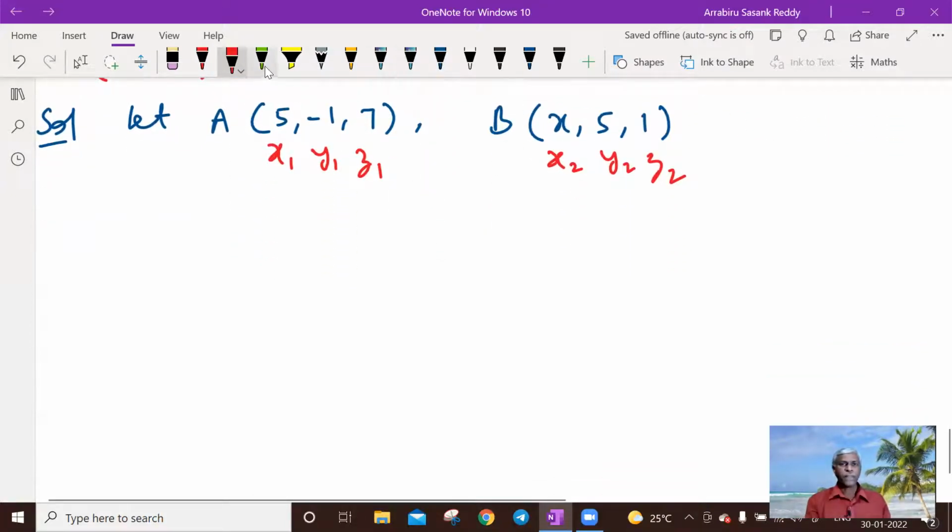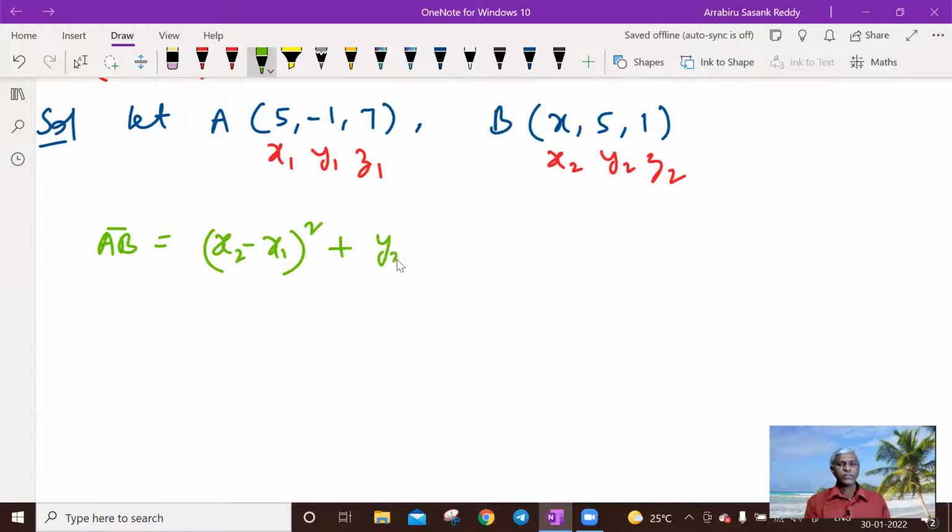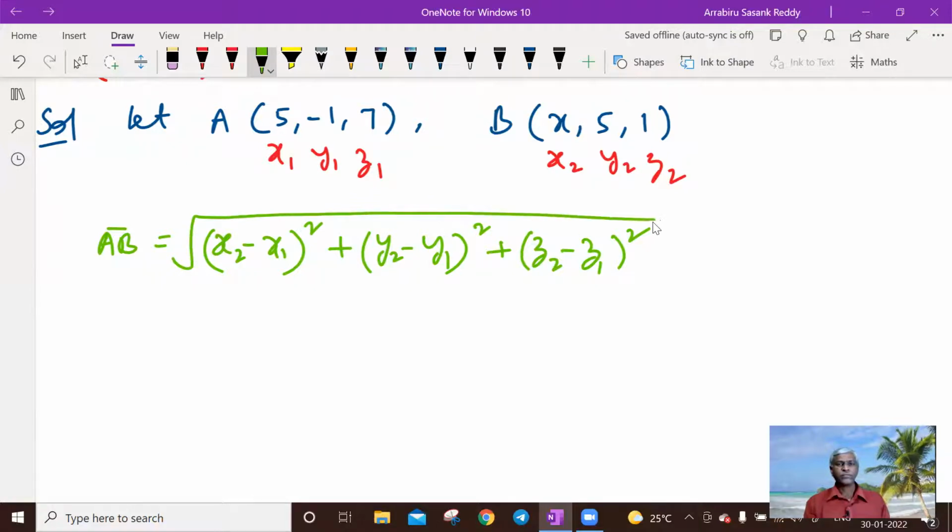Here the formula is x2 minus x1 whole square plus y2 minus y1 whole square plus z2 minus z1 whole square under root. Using this formula and the given condition, the distance AB is 9 units. So this is the given condition.